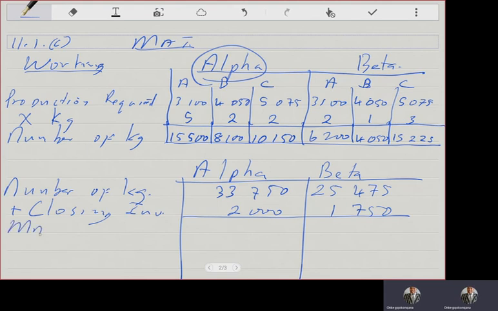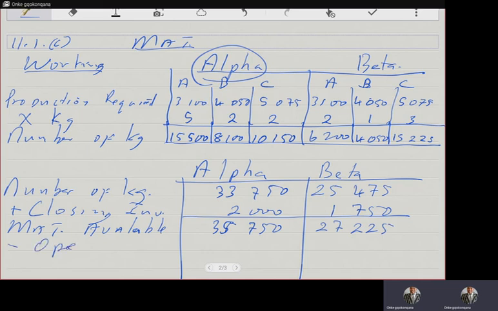And let's take you to the material available of 35,750. And this side 27,225. Then we minus opening.